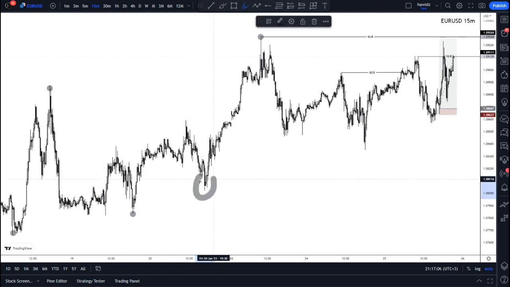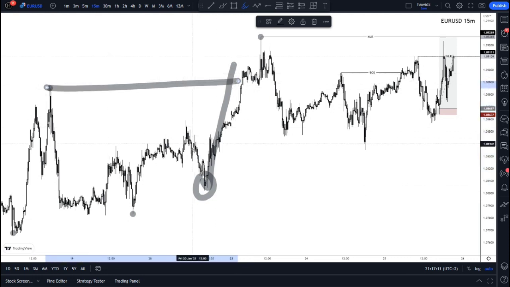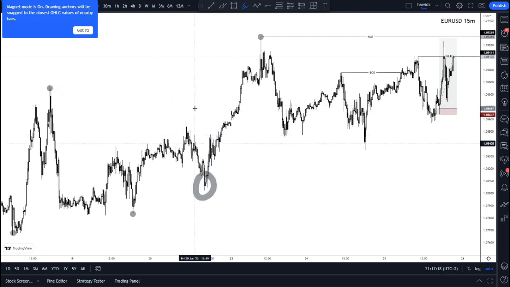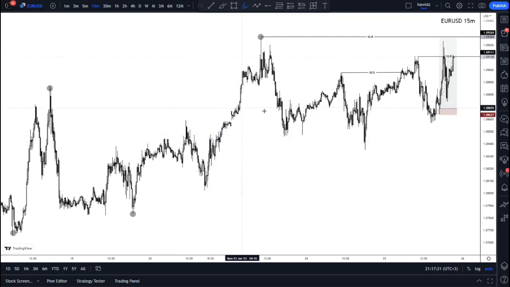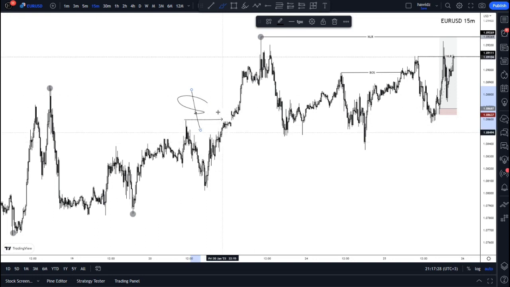So price comes down, forms a low, and then comes up and takes out the structural high, plus the liquidity resting above the high. So we had this high right here with liquidity above, and it has been taken by this move that created this new structural high.